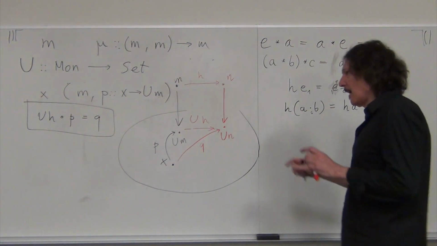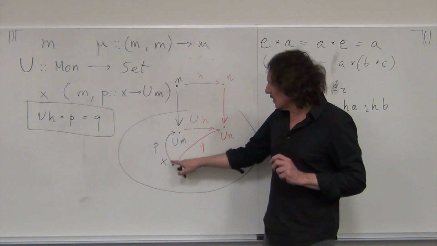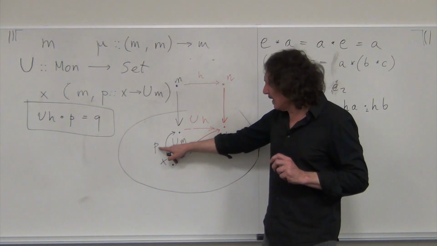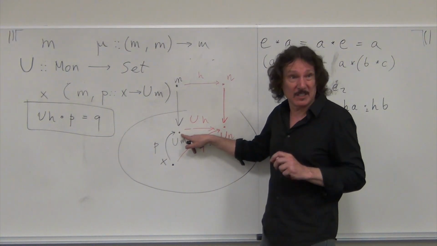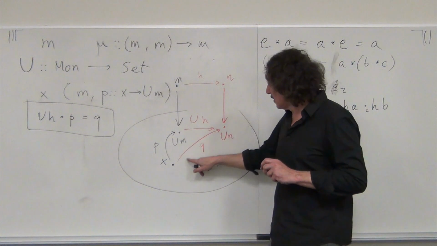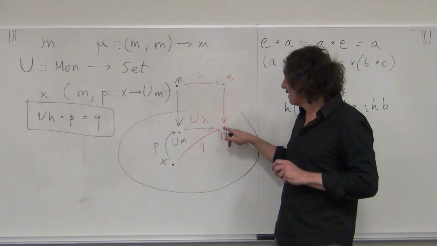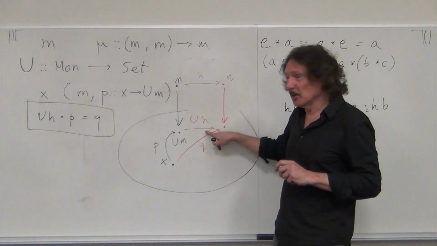So, how do we understand this? X is the set of generators. P picks these generators inside the monoid M. Q picks the same generators inside of this monoid. So this is a monoid homomorphism.